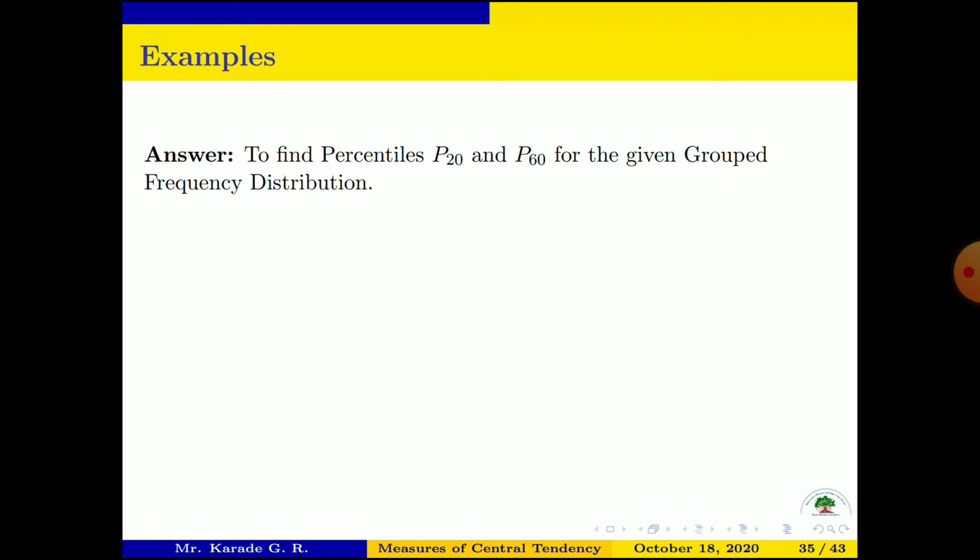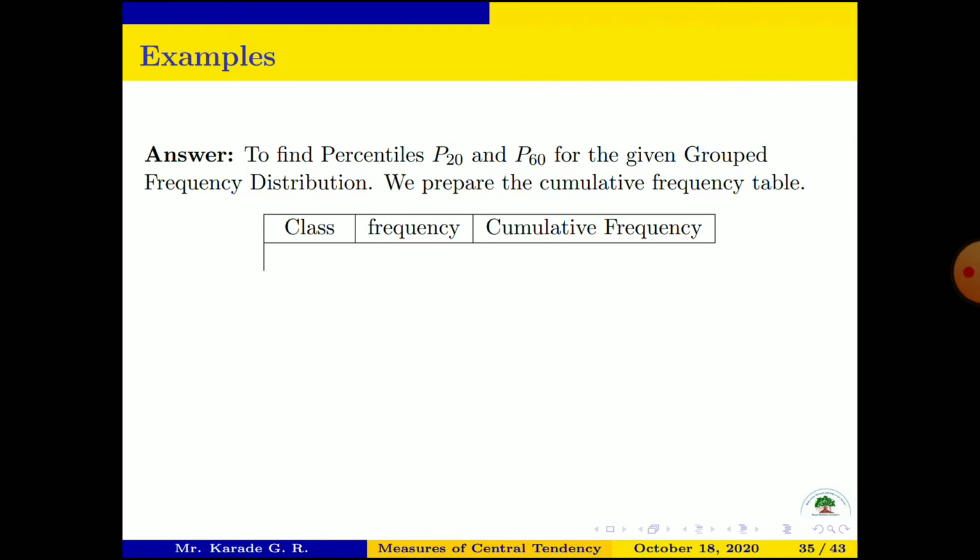So we write the answer: to find the percentiles P20 and P60 for the given grouped frequency distribution, we prepare the cumulative frequency table of less than type. For this we need three columns. First is class, second is frequencies, and third is cumulative frequencies.